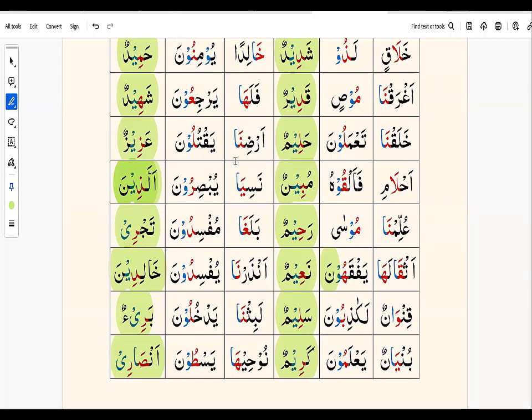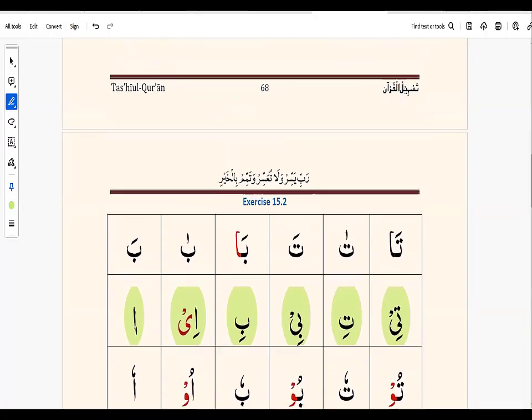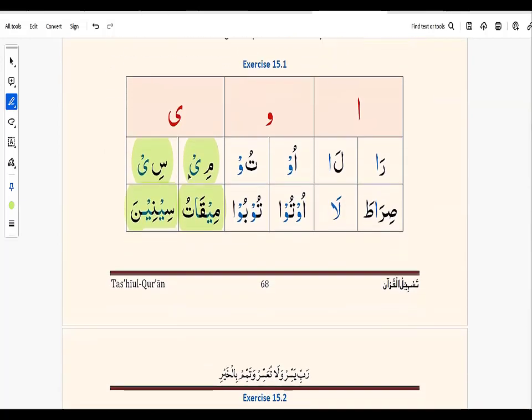As we have a few minutes left, we'll just go over the examples above. Can you please read the first example of Ya Madiyya? Well done. You read it very well, alhamdulillah.